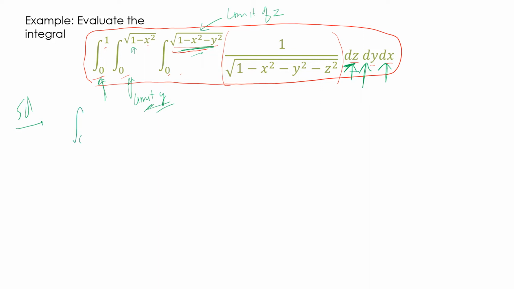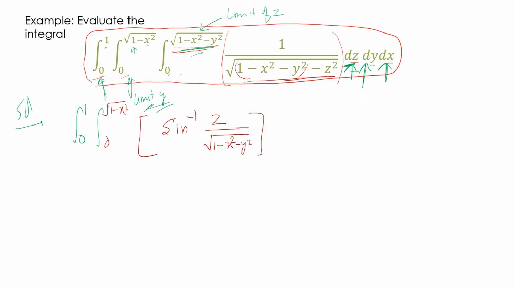So we write 0 to 1, 0 to root 1 minus x square, and we take the integration with respect to z, treating x and y as constants. The integration of 1 upon root of the remaining part, 1 minus x square minus y square minus z square, we write sine inverse z upon root 1 minus x square minus y square.